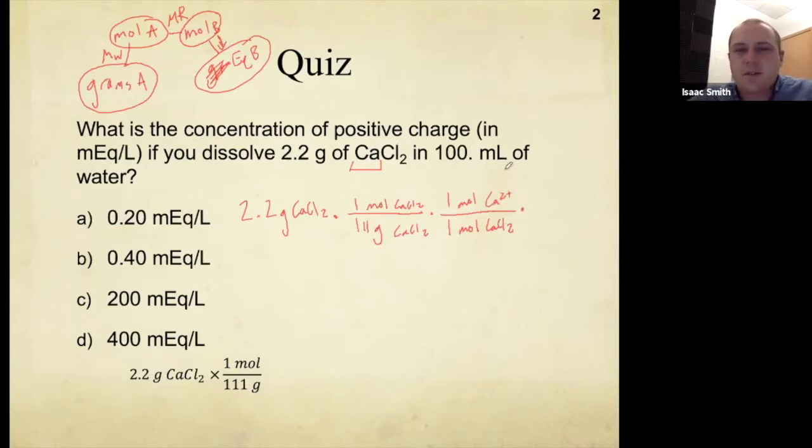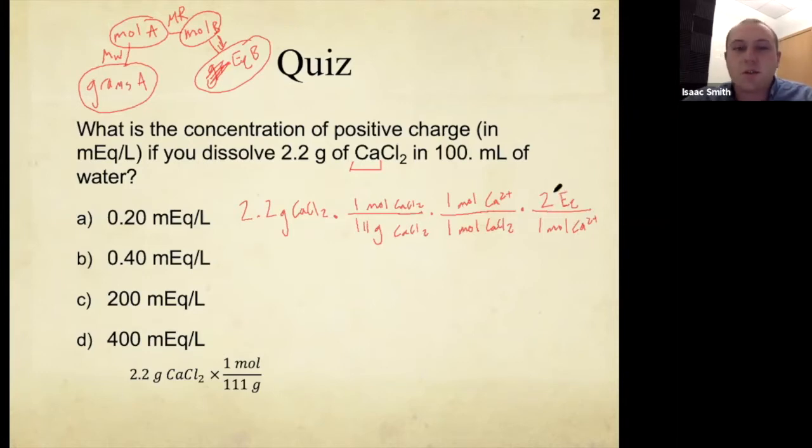And then this last conversion, like I said, will depend on the charge. Since calcium has a 2+ charge, for every 1 mole of calcium 2+ ions, we have 2 equivalents, right? An equivalent is a mole of charge. So this is 1 mole of 2+ charge. There's 2 moles of positive charge for every 1 mole of calcium.